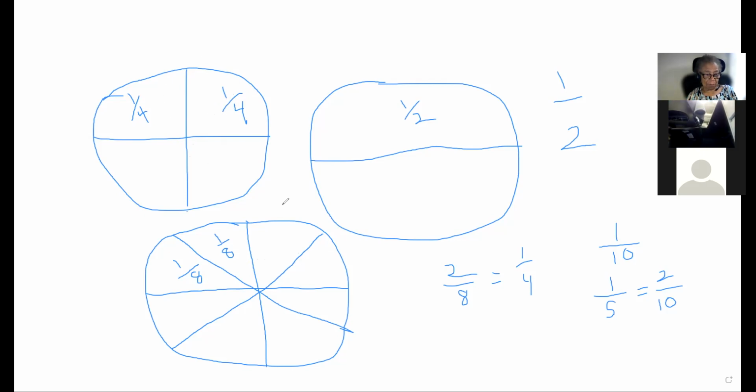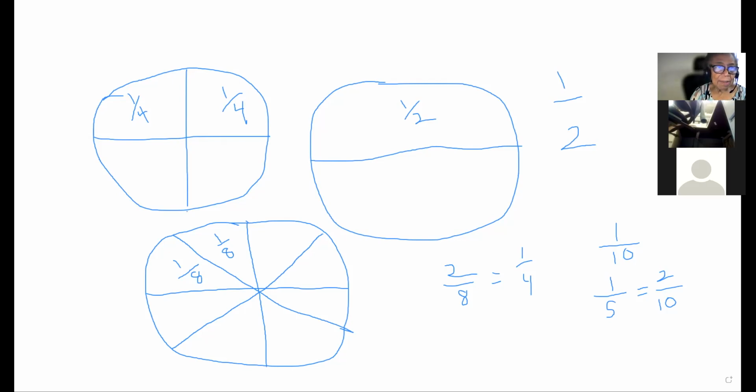If you have 8 people, you give each person an eighth. So you divide it into 8 pieces. So the whole is then 8/8, whereas the whole here is 4/4. The whole here is 2/2. They all equal 1.